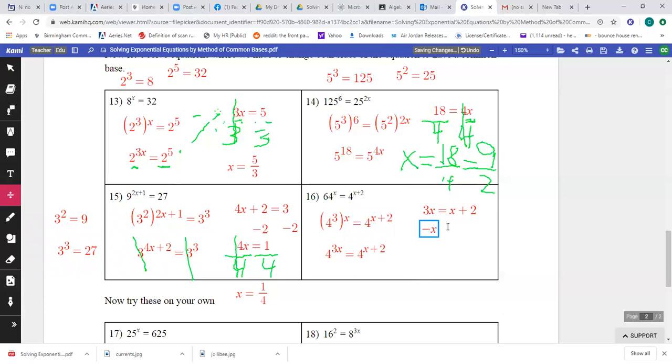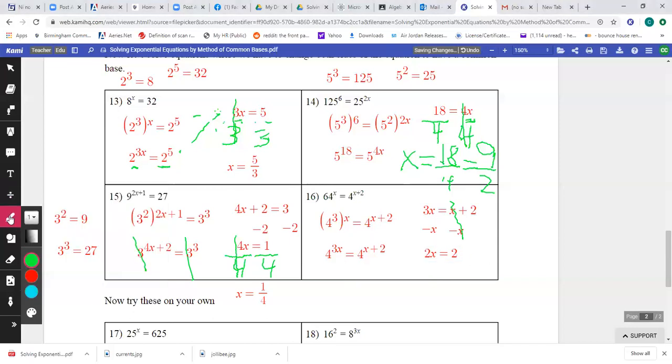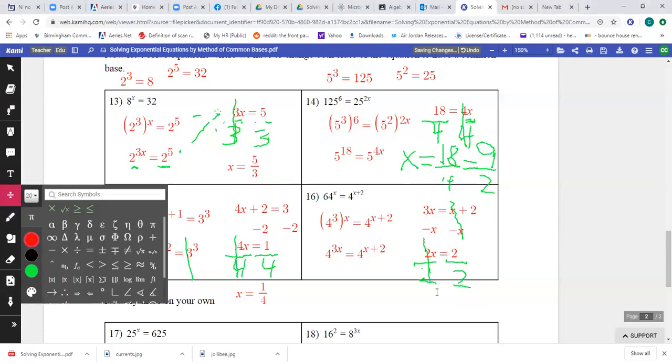Subtract x, subtract x. This cancels. And so I end up with 2x is equal to 2. And then I just divide both sides by 2. And then so my final answer here is x is equal to 1.